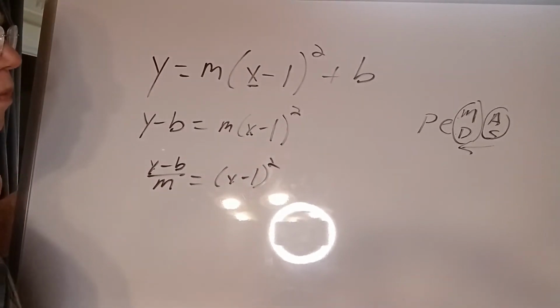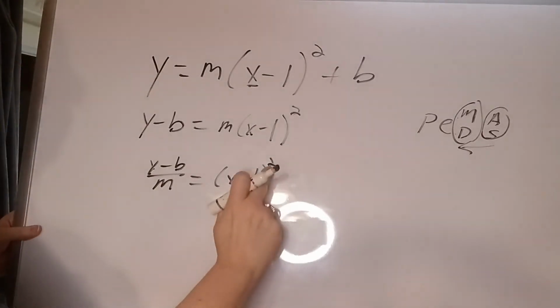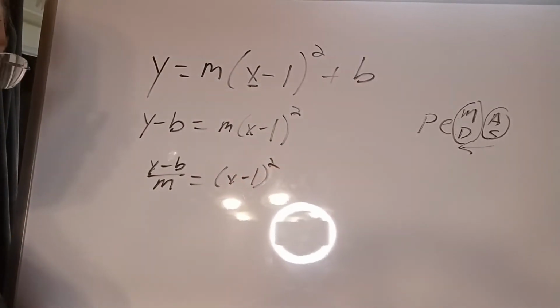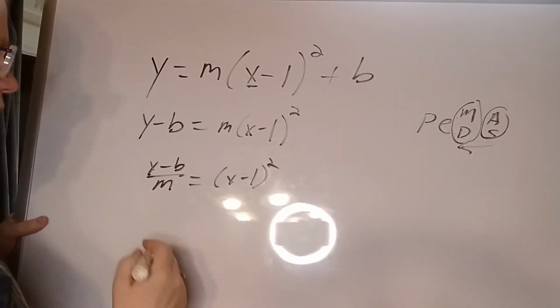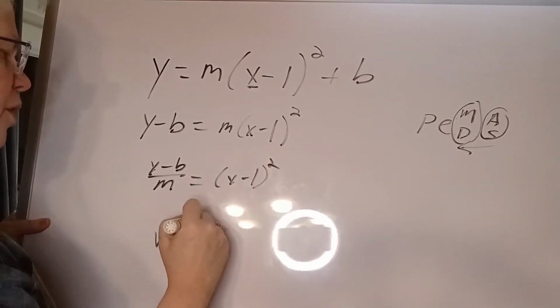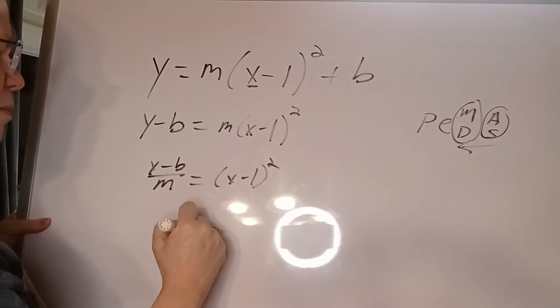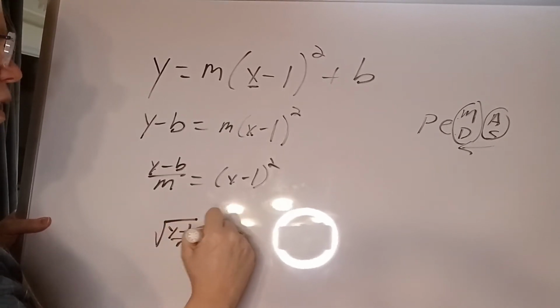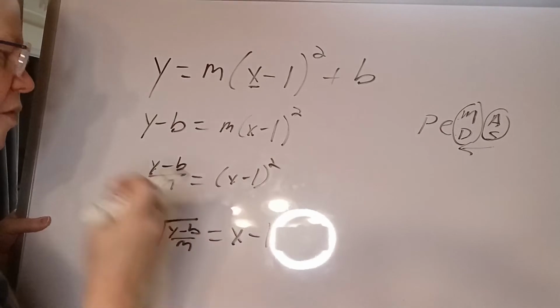Now comes the exponent. It's a square, so that means we need to take the square root of both sides. So we have the square root of (y minus b) over m equals x minus 1.